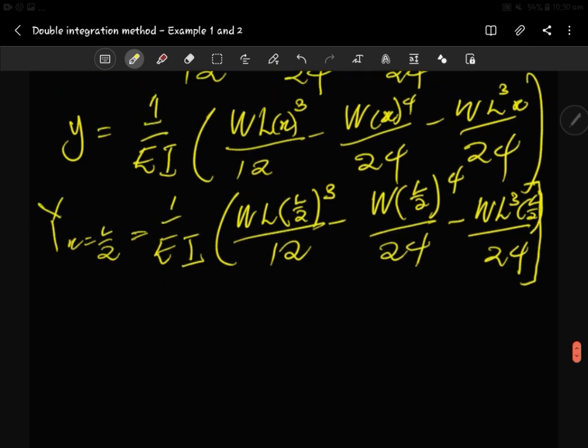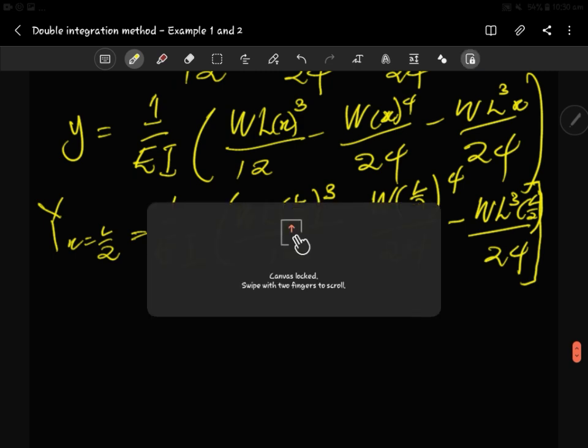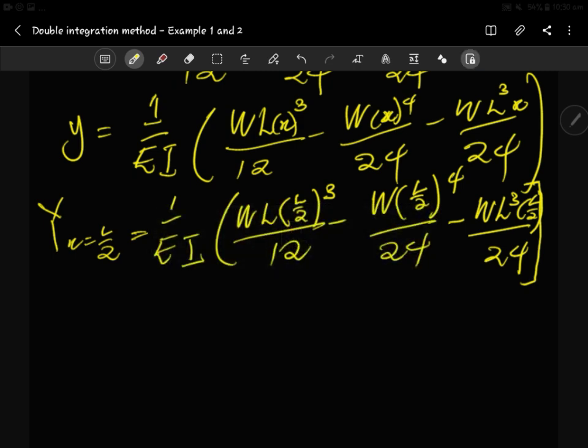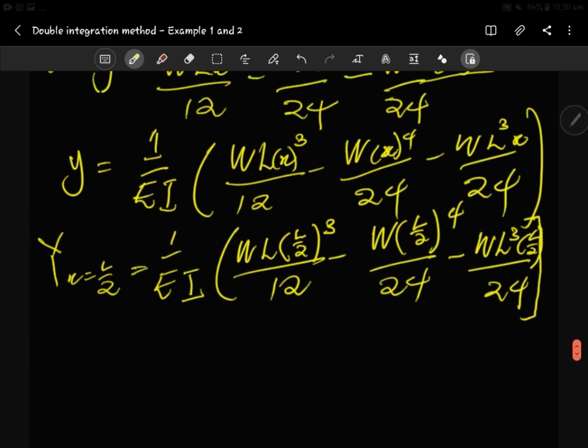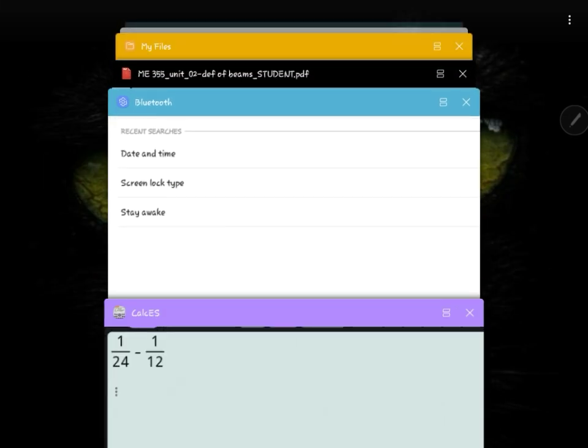So now that we have this, we are just to simplify everything. So we end up getting 1 on EI, brackets W L to the power 4, right? And you get 1 on 2 to the power 3 divided by 12. So let's see.